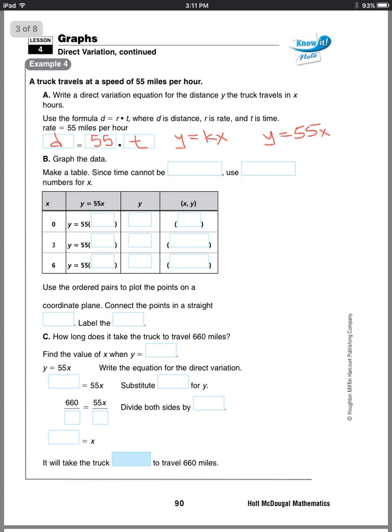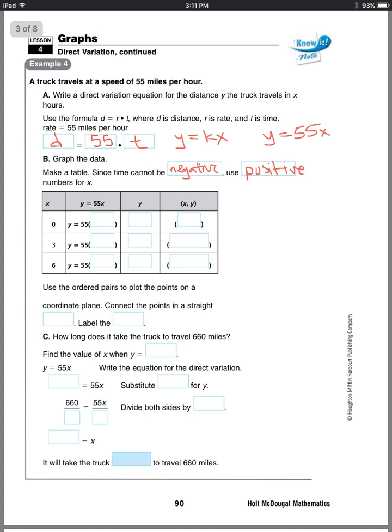And then we're going to graph the data, but in order to do that, we need to make a table. Time cannot be negative, so we are going to be using positive numbers, including 0, for x. So they tell us that x equals 0, x equals 3, and x equals 6.